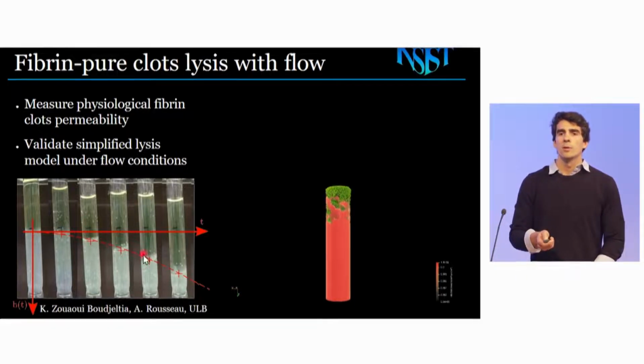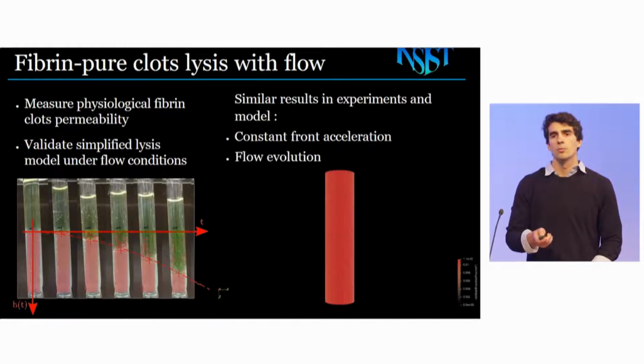So here on the right you can see a simulation of the model that reproduces this experiment, and with this model we were able to reproduce similar results as in the experiments, such as the fact that we have a clear separation between the interface between the clot and the solution, and thus that the position of this interface accelerated constantly in time.